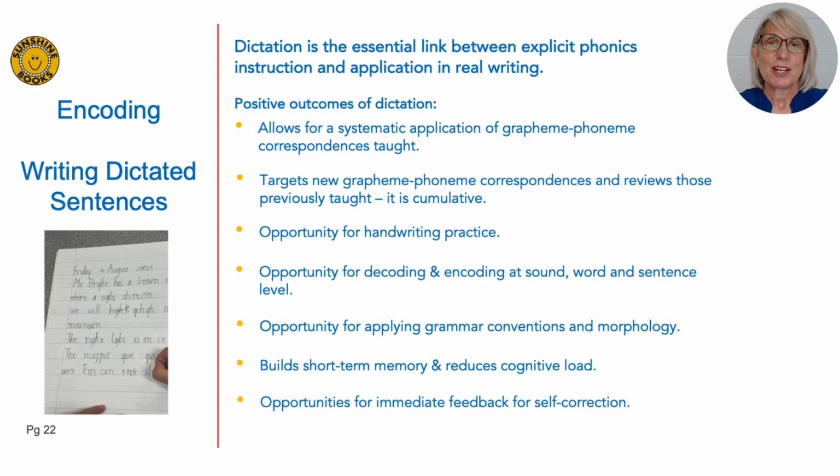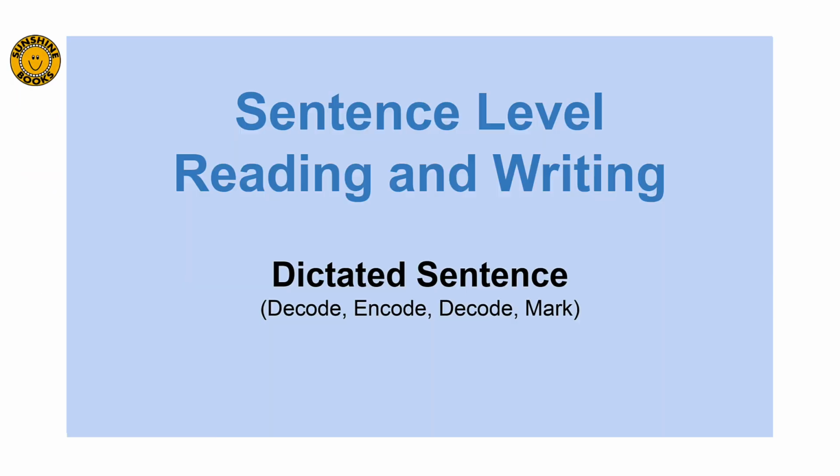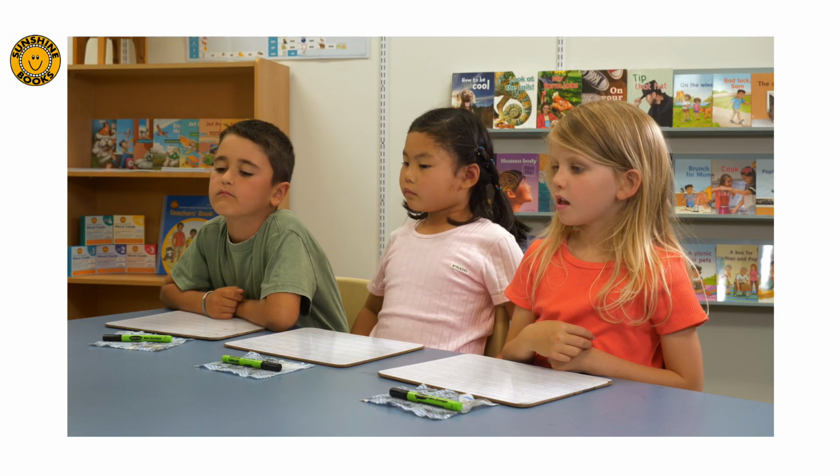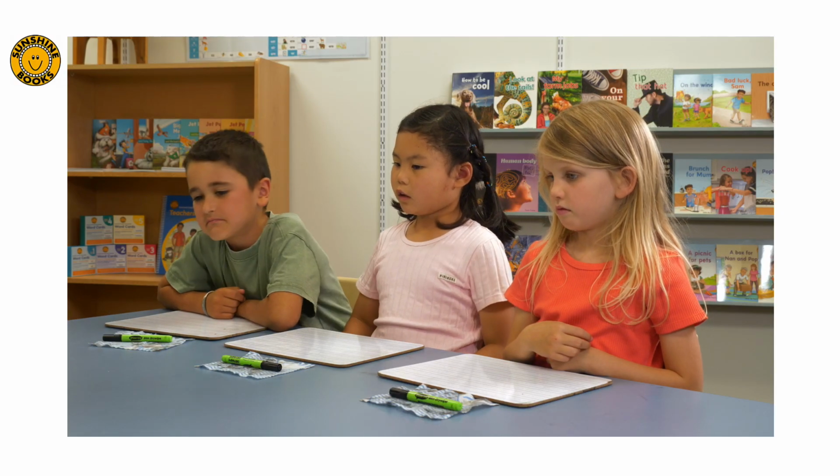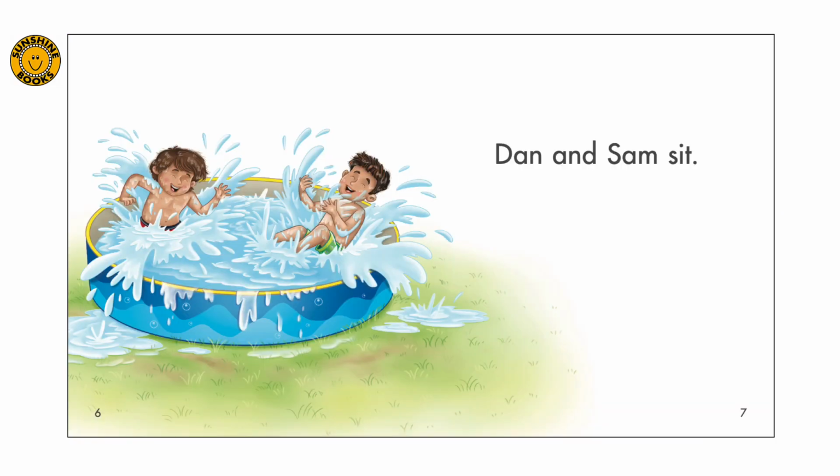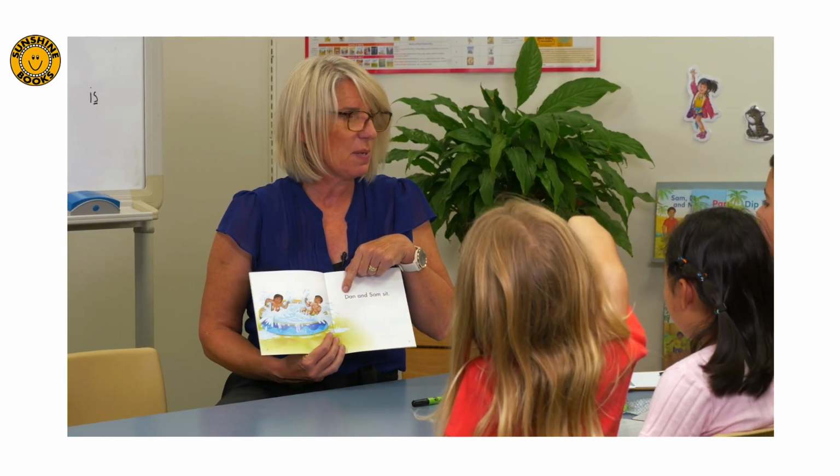In this next video, you'll see an example of a sentence dictation section from a decodable text lesson. The next part of our lesson is looking at a sentence. This sentence is Dan and Sam sit. Now look, what type of letter is at the beginning?